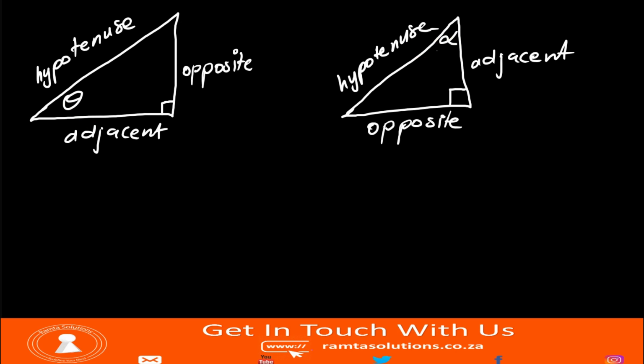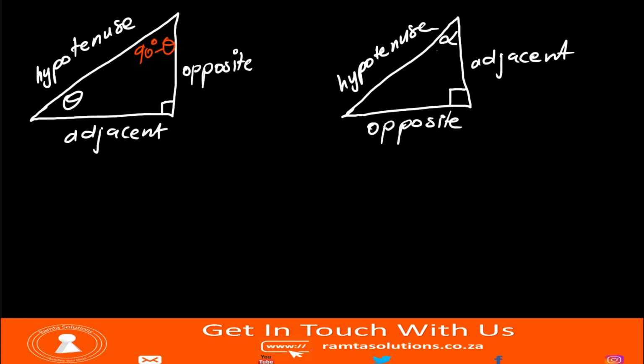So, for example, we have said sine is always opposite over hypotenuse. But look at this one here. Because this is 90 degrees, and this is theta, and the sum of angles of a triangle is 180, this angle would be 90 degrees minus theta.